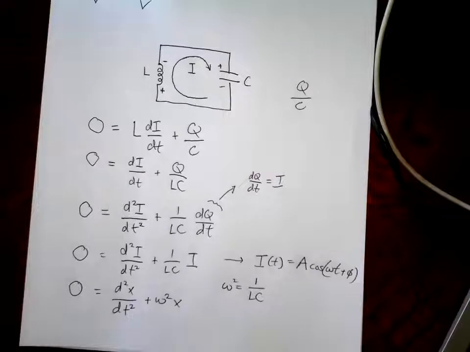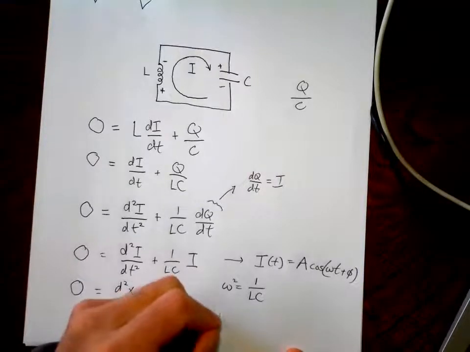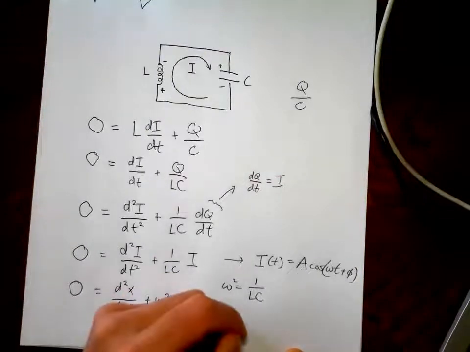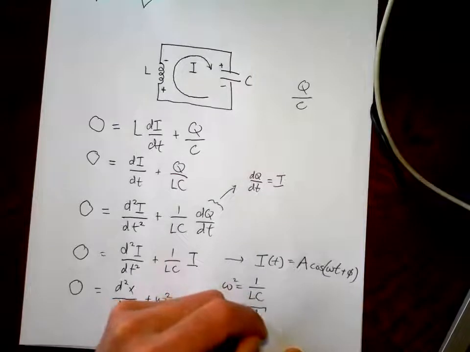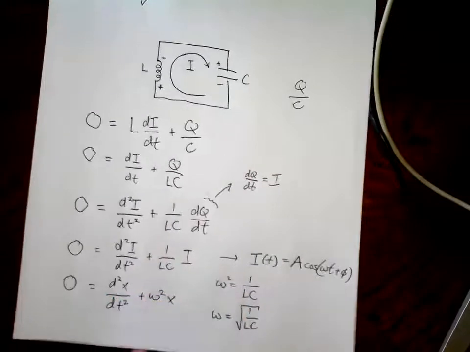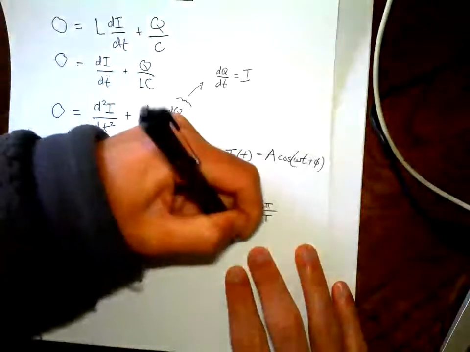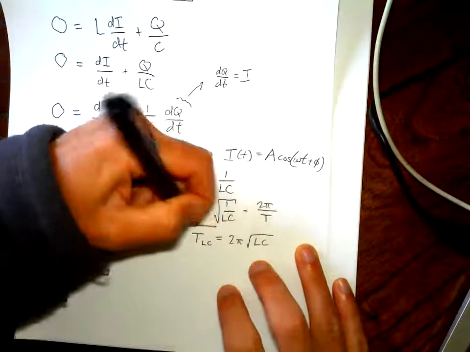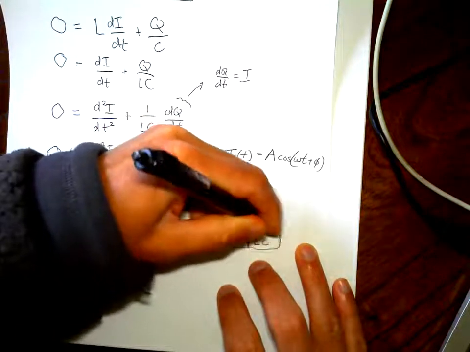Taking the square root says omega equals the square root of 1 over LC. And the period is 2 pi times the square root of LC. So that is our equation for today.